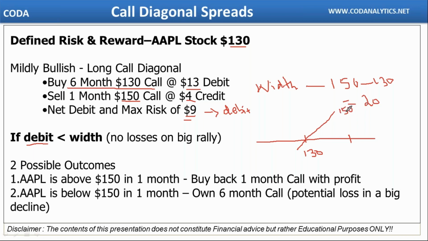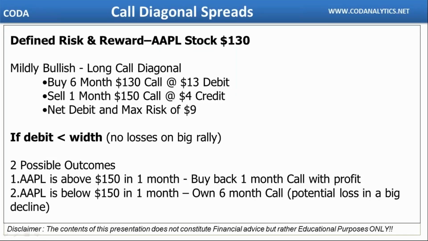Let me use a clearer diagram. So let's say we have bought here at 130 and we are selling at 150. Look at it this way.